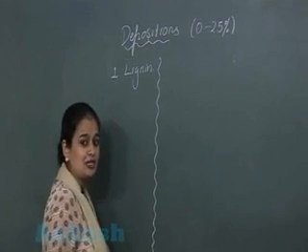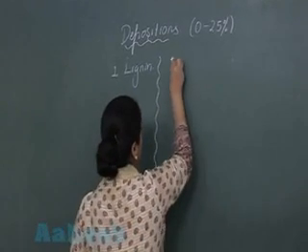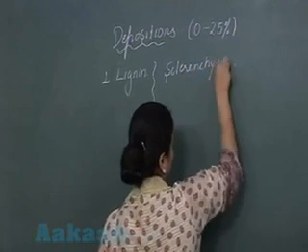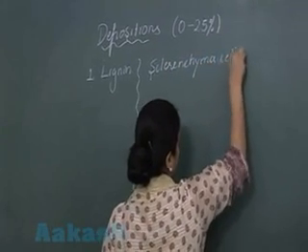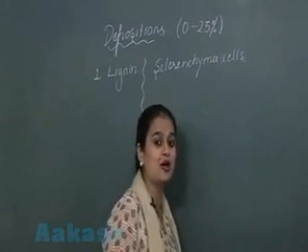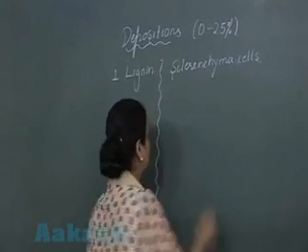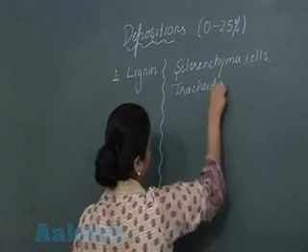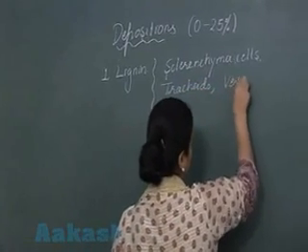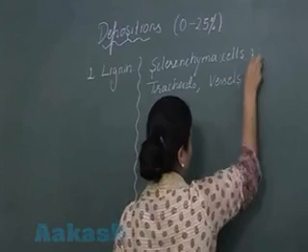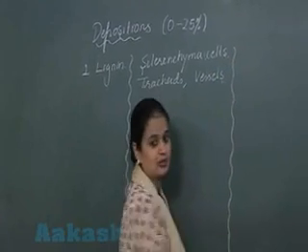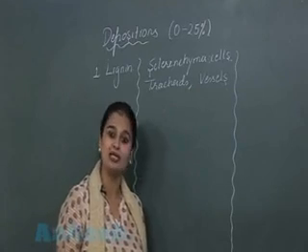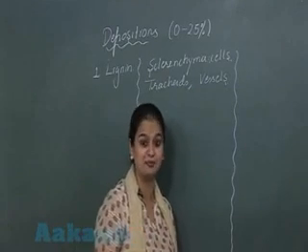Lignin deposition is generally associated with the sclerenchyma cells and the cells of xylem like tracheids, vessels, as well as fibers. Now this lignin is a non-polysaccharide dietary fiber.